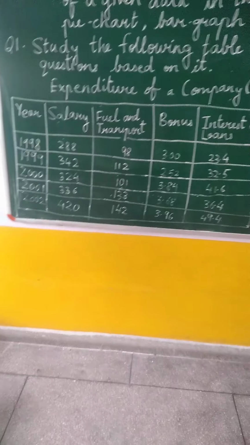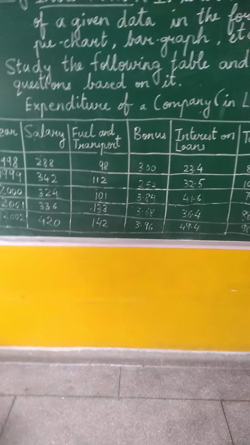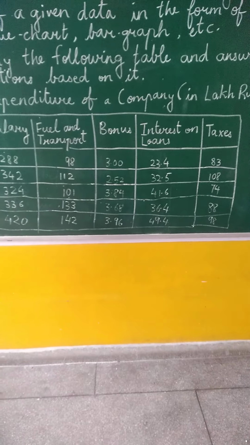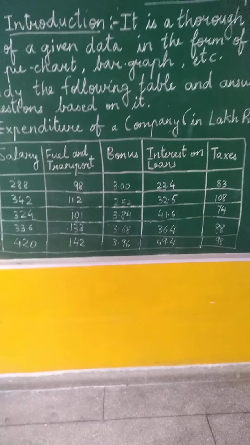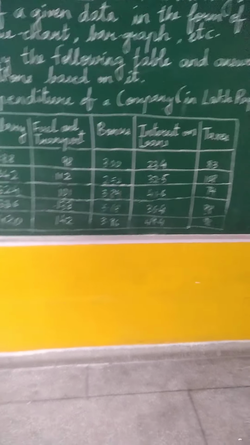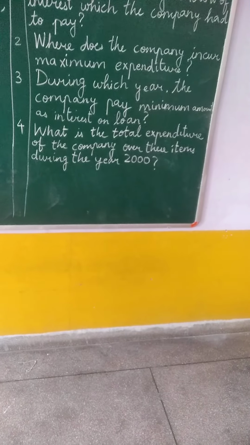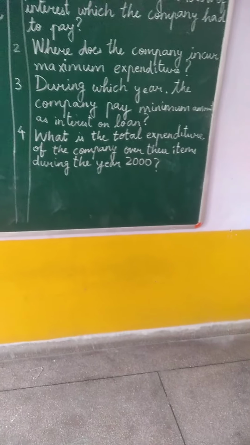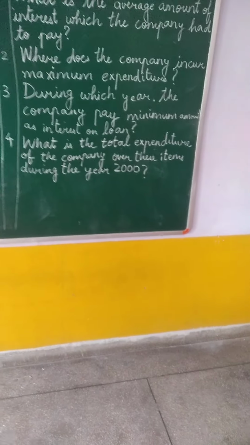So we will sum it up, 324 plus 101 lakh plus 3.84 lakh, then 41.6 lakh plus 74 lakh. When we total it up, we will write the total expenditure of the company over these items during the year 2000 is, then we will mention the amount in rupees lakhs.